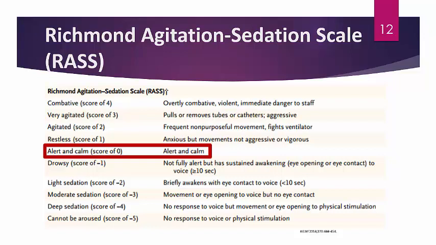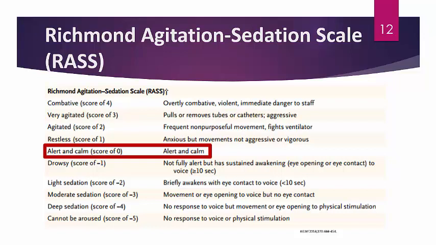As you see here, some of the descriptions that we have here for +1 for restless, so maybe anxious but movements not aggressive or vigorous. Agitated, a score of 2. Frequent non-purposeful movement, fights ventilator, say if they were on the mechanical ventilator. A score of 3. Pulls or removes tubes or catheters, very aggressive. And +4 is combative.